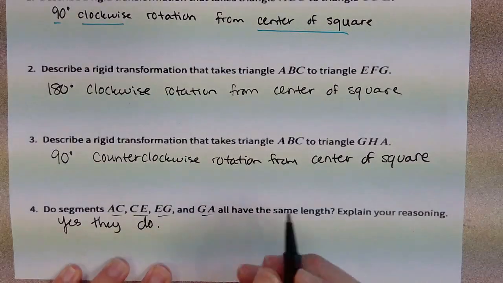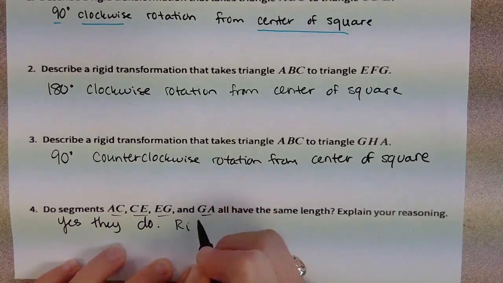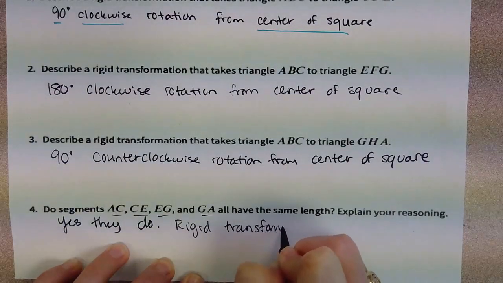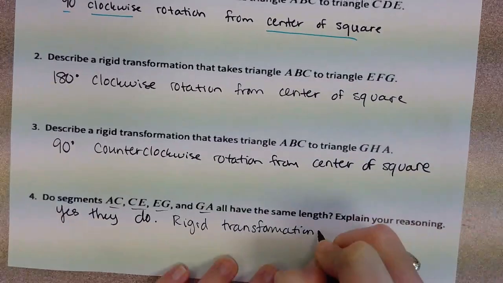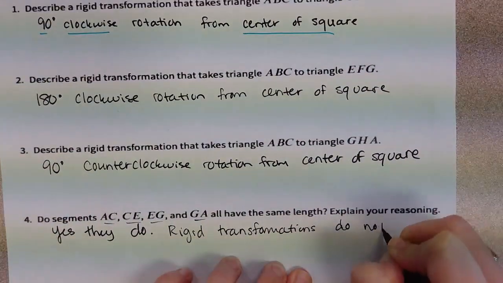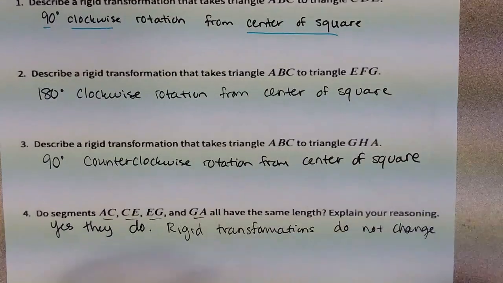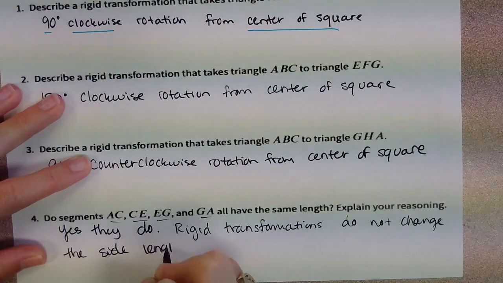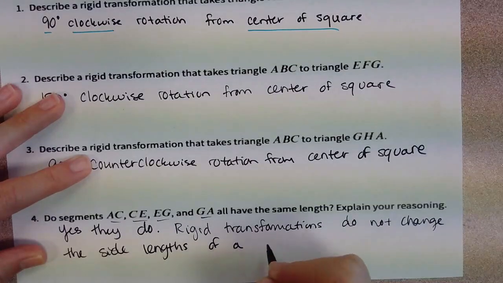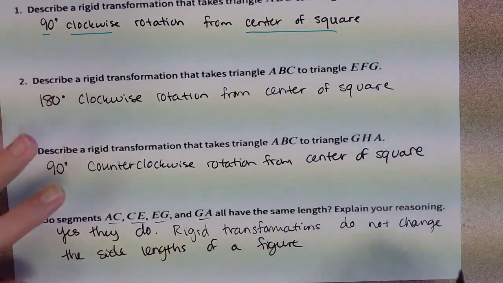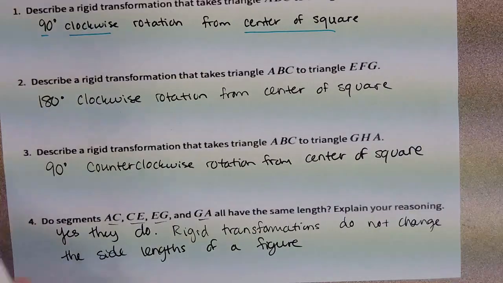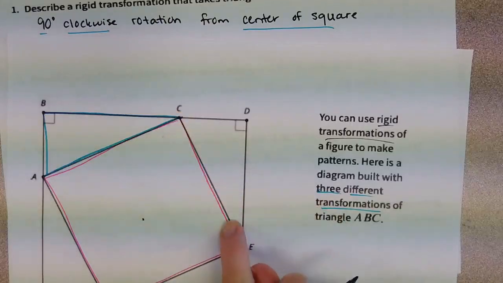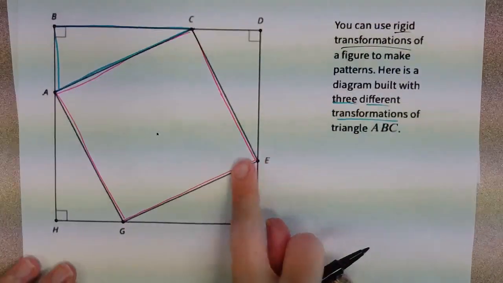So I would say something along the lines of rigid transformations do not change the side lengths of a figure. Okay, and during your rotation, every single time, this length of AC was still the diagonal each and every time that you were rotating it.